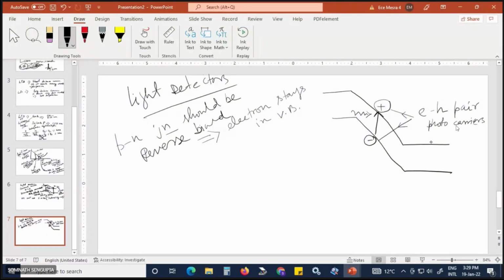Now, these holes will be attracted towards the negative supply, and these electrons will be attracted towards the positive supply.